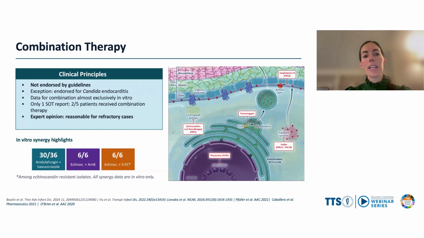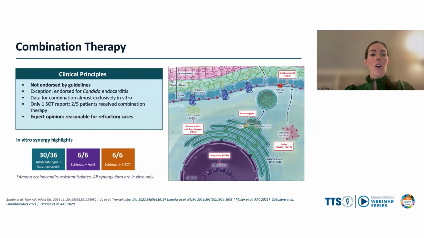But the data for combination exist almost exclusively in vitro for Candida auris. There was only one report I could find in transplant patients where 2 out of 5 patients with Candida auris fungemia received combination therapy. And it's unclear if it actually moved the needle one way or the other in that study. Expert opinion, however, indicates that it may be reasonable for refractory cases.